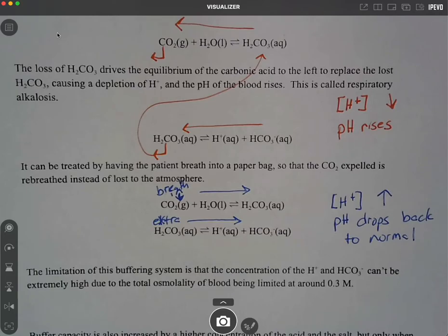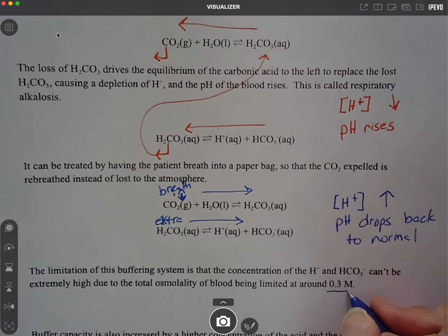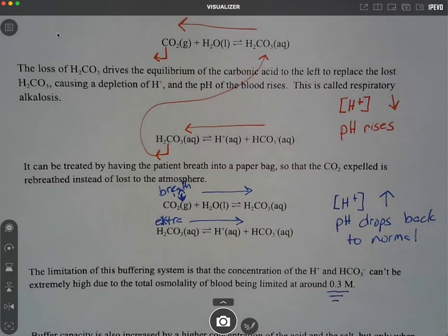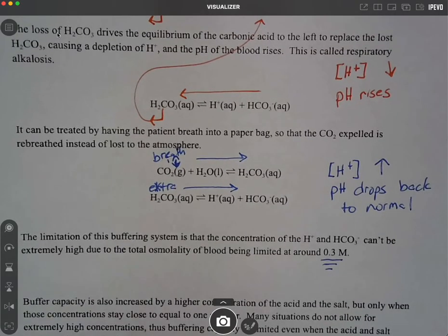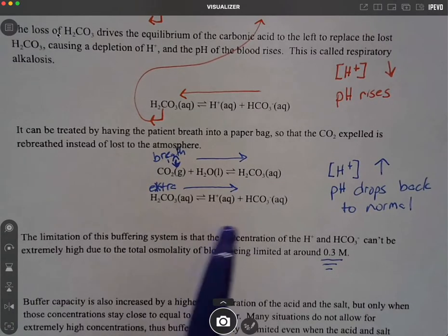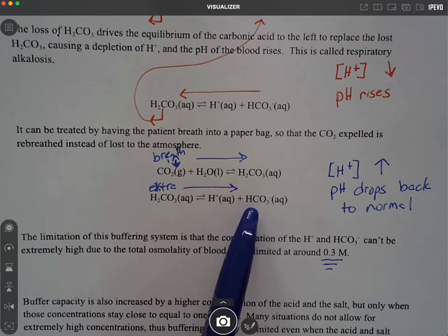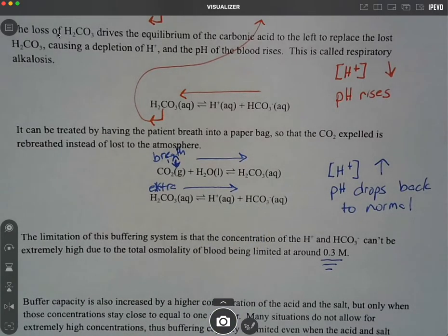The limitation of this buffering system is that you can only have a certain concentration of things in your bloodstream, and that certain total concentration ends up being 0.03 molar. You can't have a total concentration of anything in your bloodstream that exceeds that, and so you can only have a very limited amount of these things in your bloodstream.